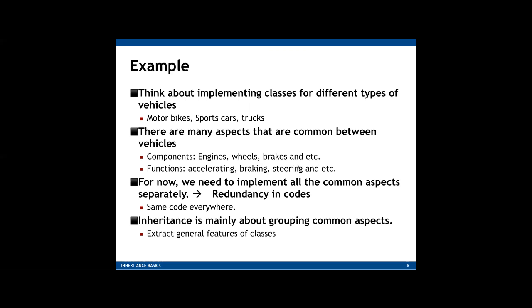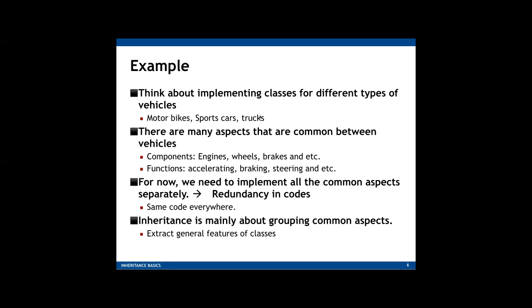So if you define classes for these vehicles, the motorbikes, sports cars, and trucks, you need to put all the common components and functions separately for each vehicle. This will lead to redundancy in your code.